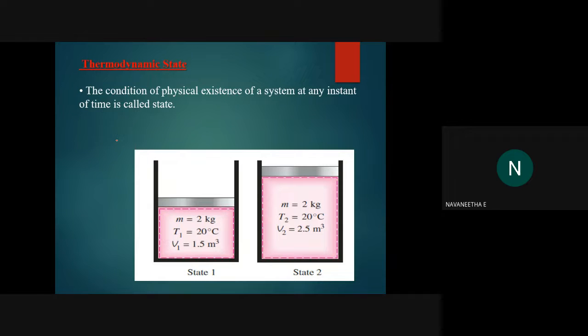Actually, the state is mainly depending upon the property of that system. If there is a change in property, then the state of the system will change. For example, LPG gas. LPG means liquid petroleum gas.